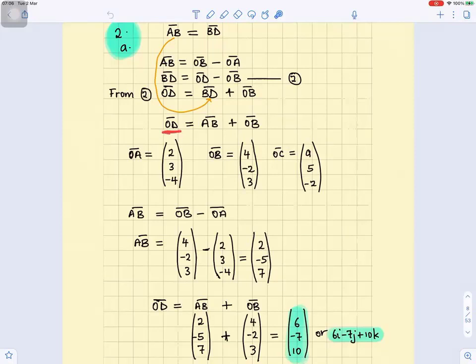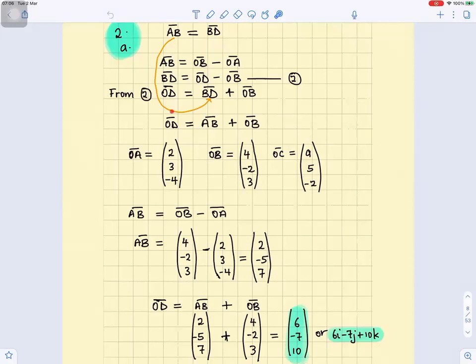And OD now is AB plus OB, which is what you're going to use. So it's very important to follow this clearly.